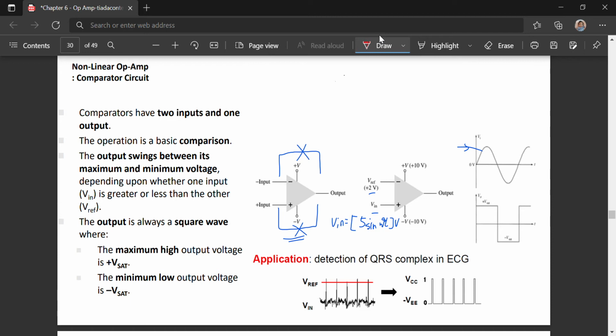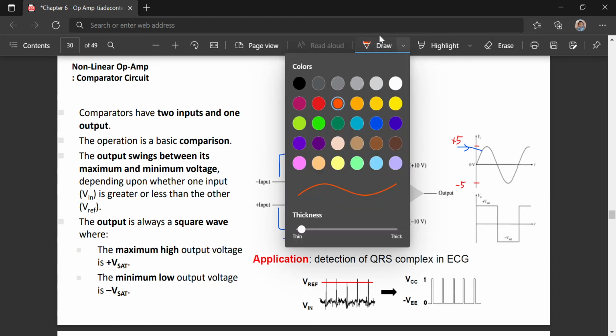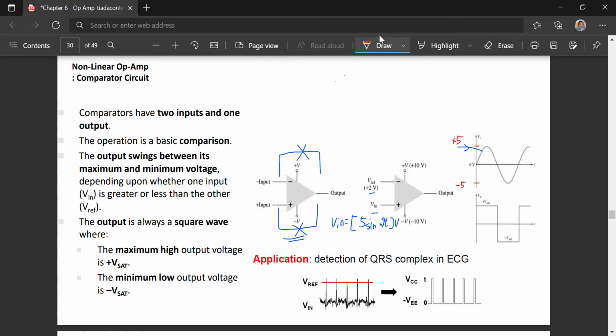So here we know that at the peak of the sine wave is positive 5 and minus 5. And our Vref is 2 volt. Okay, so we want to compare these two input and get the output.